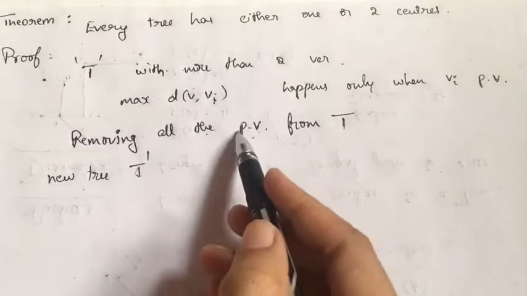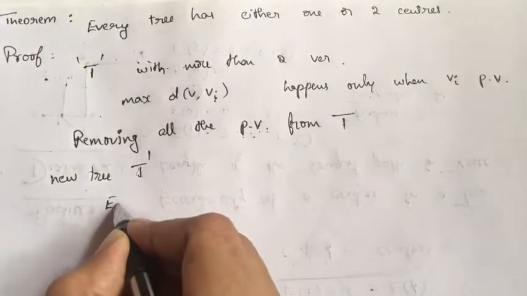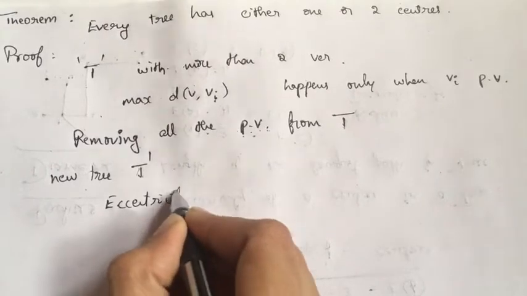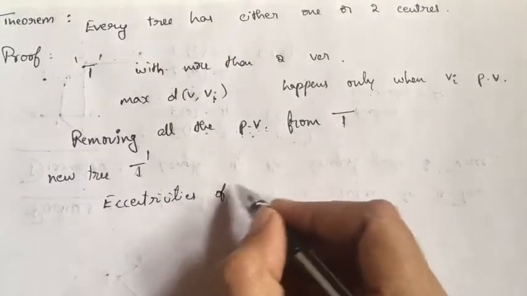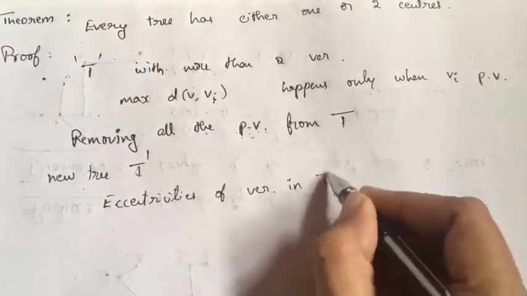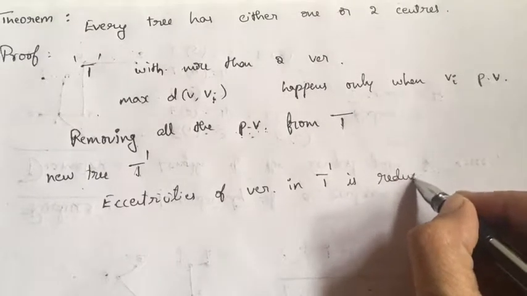So on removal of pendant vertices, the eccentricities of the remaining vertices in T dash are reduced by 1.